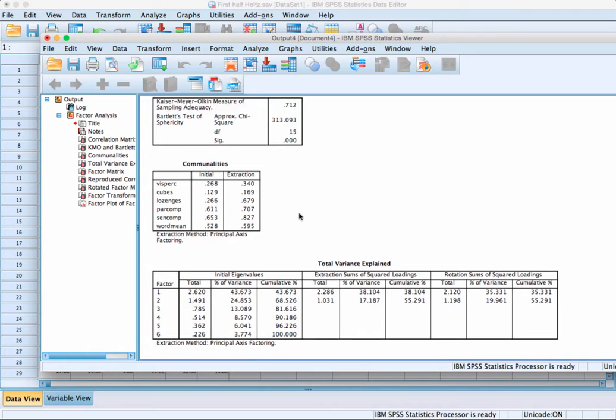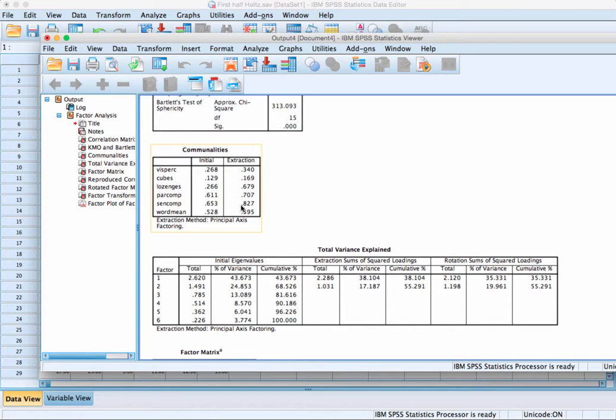Sentence completion. So if I add those squared values up, this will give me my communality. So what it's saying is that the two-factor model is explaining about 83% of the variability in sentence completion scores. And that's good because we want our communalities to be high.